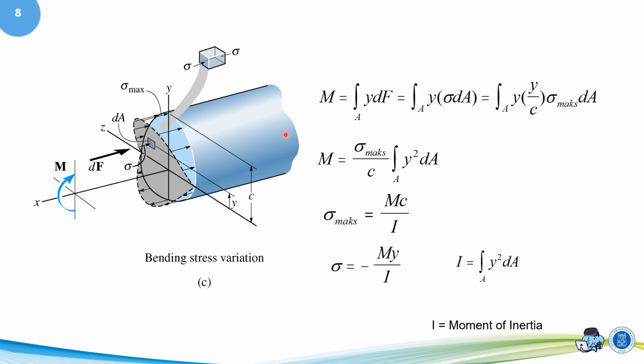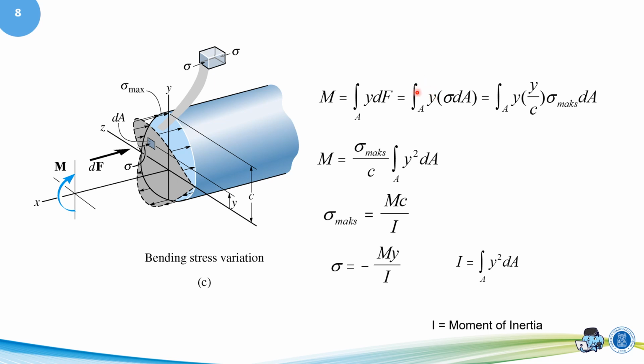The next thing that we're supposed to do is to find out the relation between the given moment and the stress which is happening at the beam. How can we find that? We can do that by integrating the stress which is happening at a small element like this, sigma dA, and we multiply it with the moment arm y.